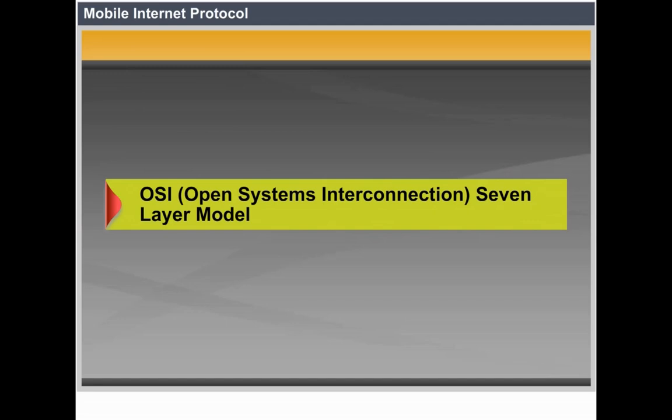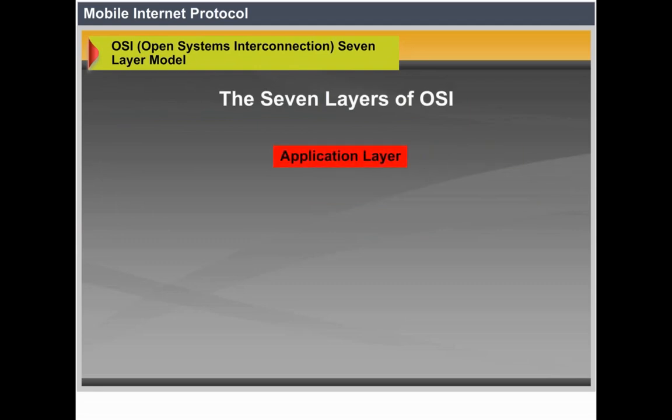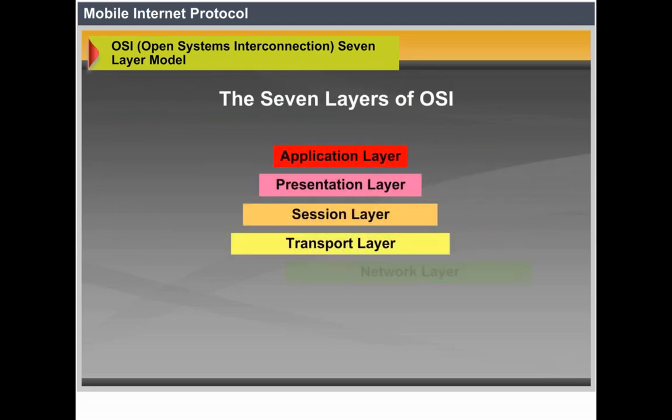OSI, Open Systems Interconnection, 7-layer model. The figure below shows the 7 layers of OSI.